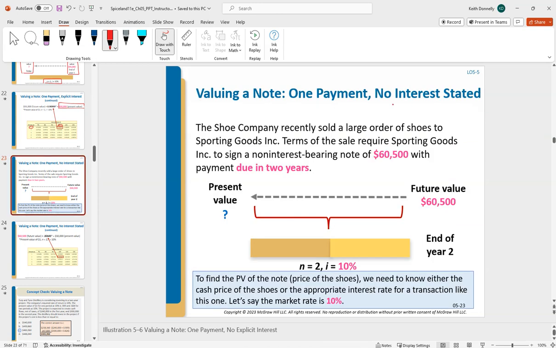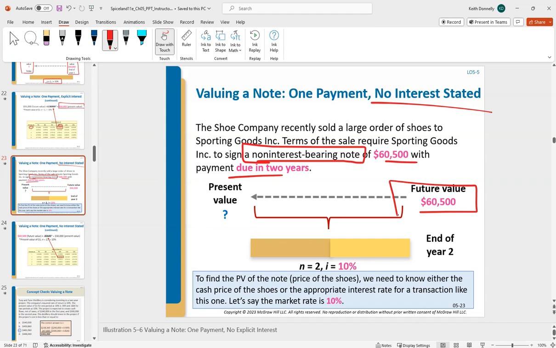This one they talk about no stated interest rate, so let's compare that with the prior example. The shoe company recently sold a large order of shoes. Terms of the sale require sporting goods to sign a non-interest bearing note of $60,500 due in two years. So in this case there is no stated interest rate.